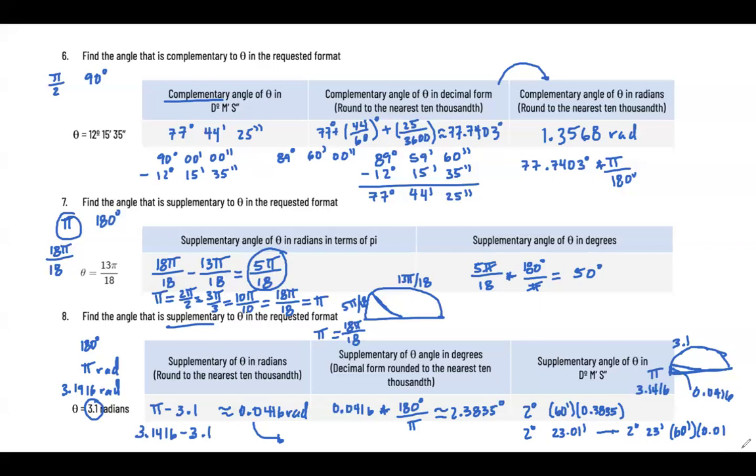So if we go ahead and do it, 60 times 0.01 is going to be about a second. So in reality, we're going to end up with 2 degrees, 23 minutes, and looks like 1 second.